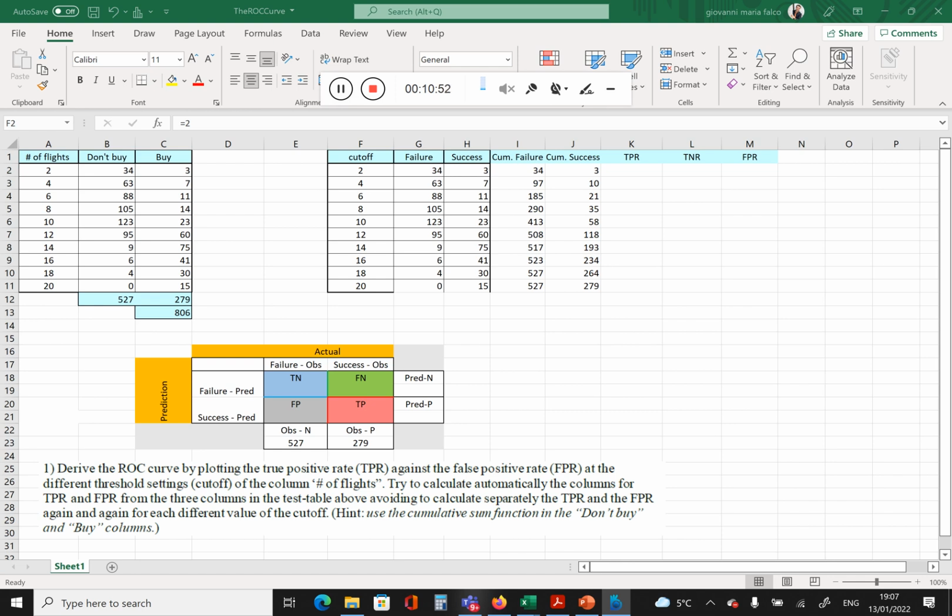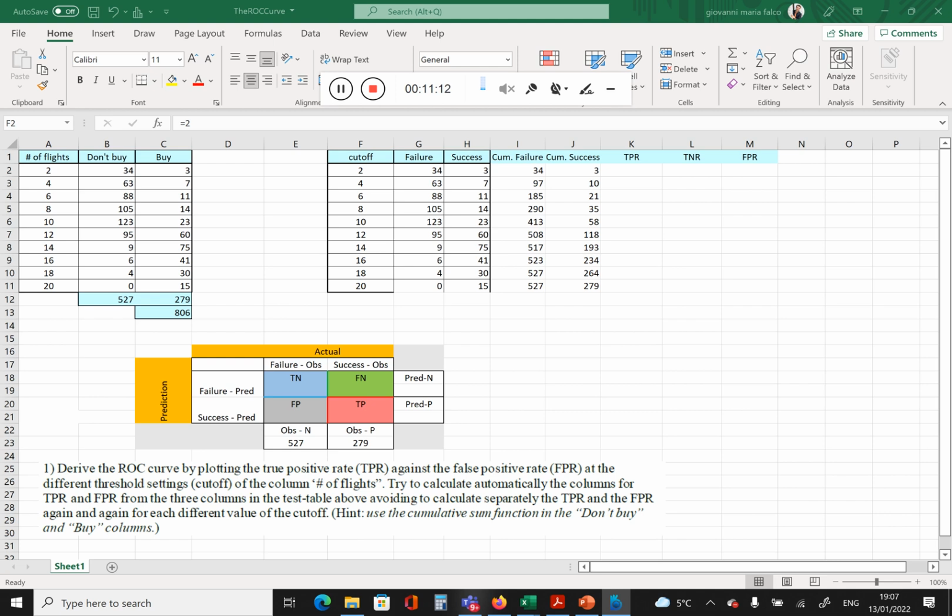But if the cutoff is 2, who are the true positive? You see that only these 3 here will get a prediction equal to 0, so don't buy, but they actually buy. So the true positive are all the others.